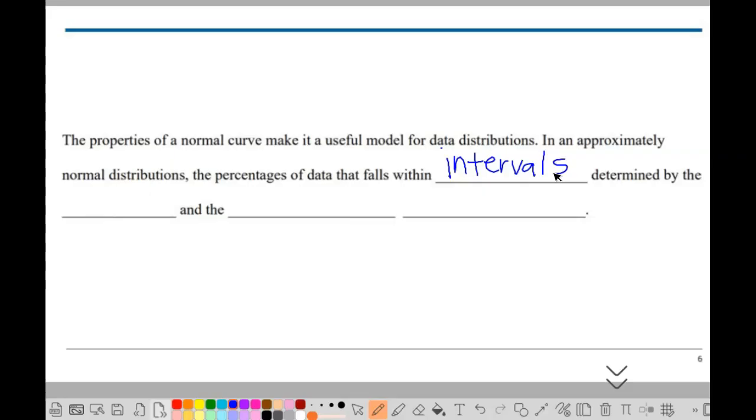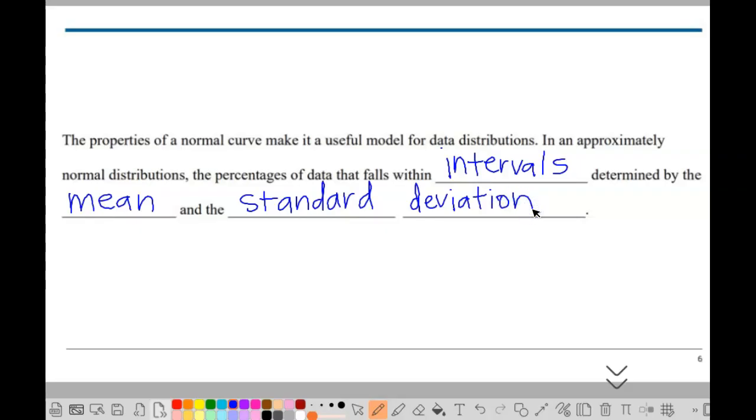Okay, so those intervals in the normal curve are determined by the mean, which was 5 for the Netflix problem. And then the standard deviation was how much? What was the square root of 4? 2.